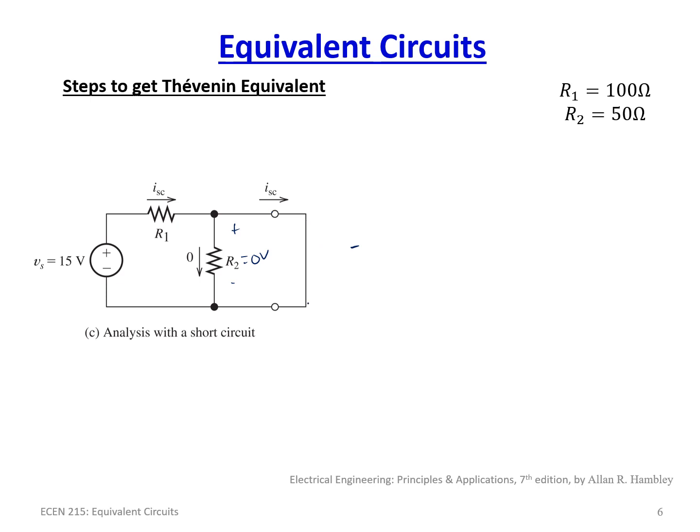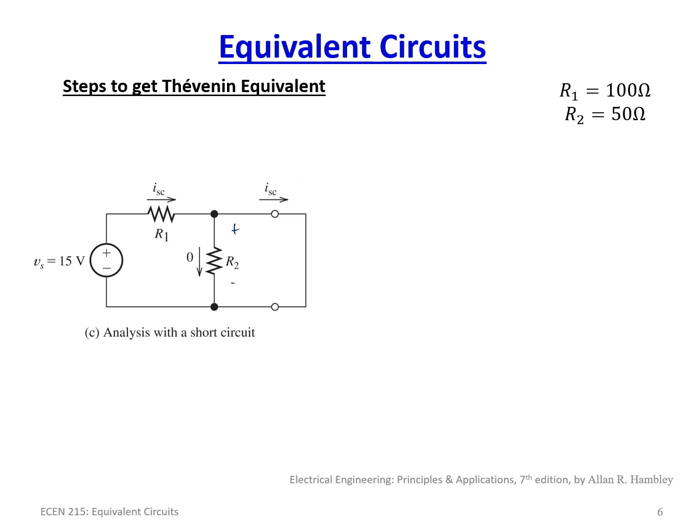So the overall resistance of this branch right here is equal to 0 ohms, which means that there is no current flowing through this 50 ohm resistor. The voltage drop across it is 0 volts, so there's no current flow. All of the current now is flowing through the short circuit, which conceptually makes sense when you think about it.